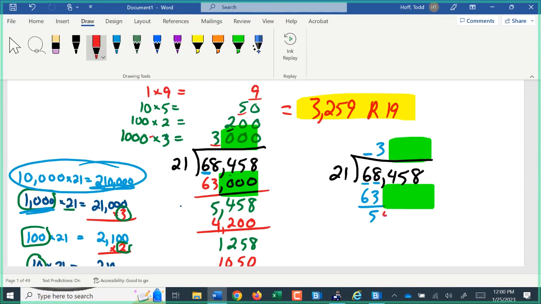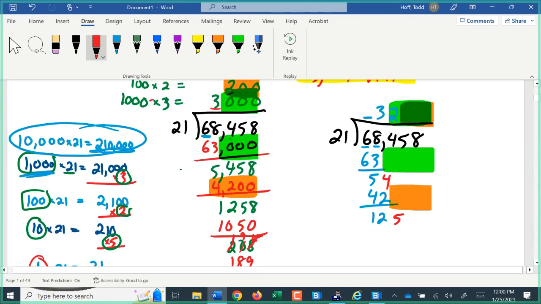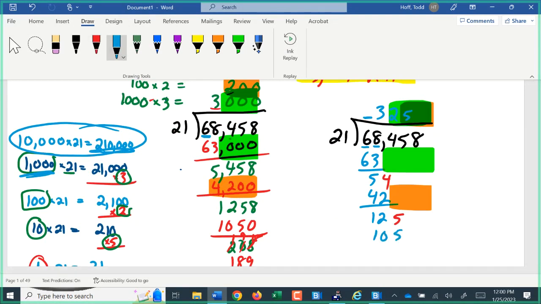Bring down the next digit, the 4. 21 goes into 54 twice. 2 times 21 is 42. Subtract, there's 12. Again, that's exactly what we did here. We just left off the zeros. And so this whole process continues exactly like that. Bring down the next digit, 5. 21 goes in there 5 times. 5 times 21 is 105.